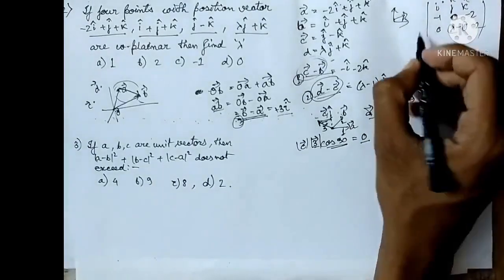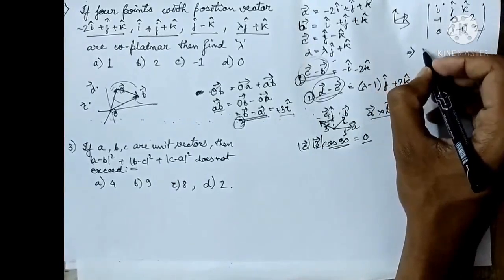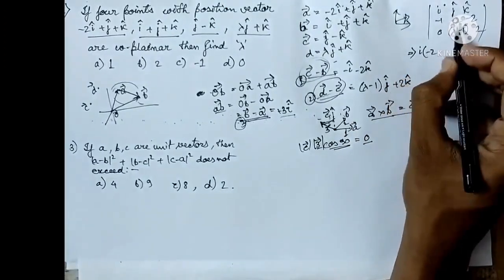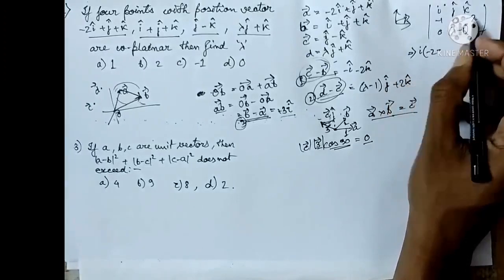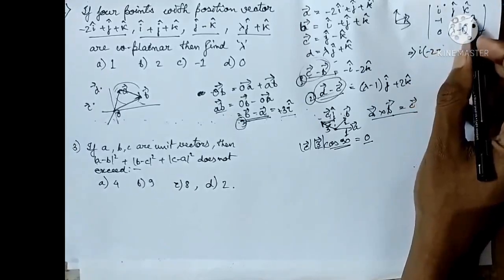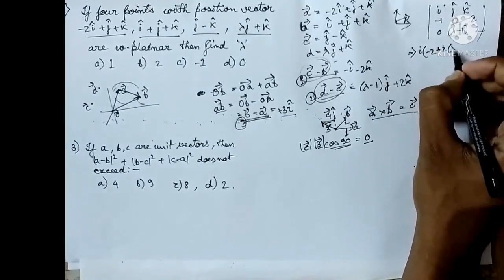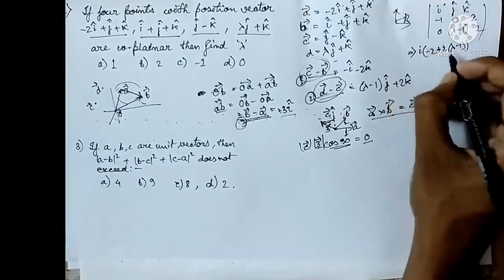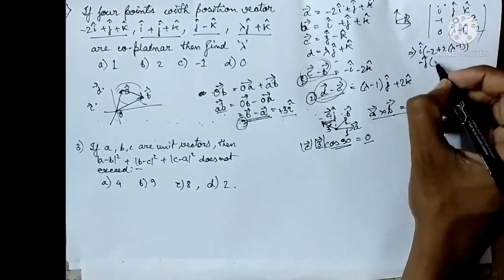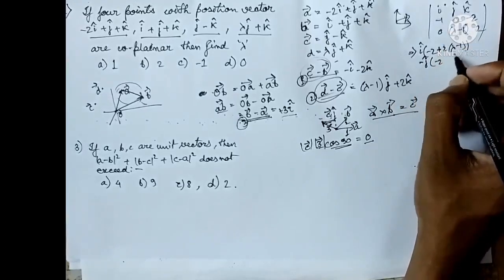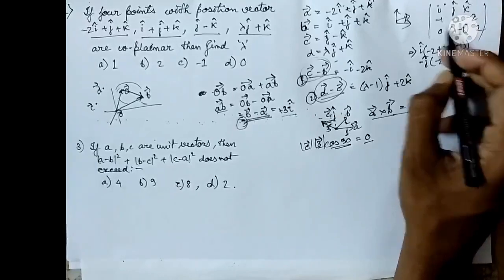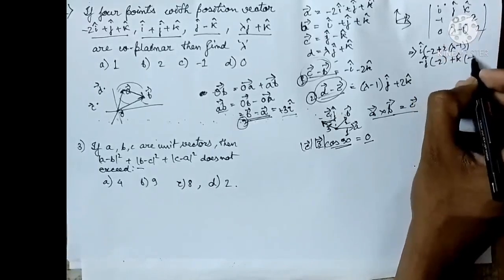We are doing the cross product, and by doing the cross product we are getting i cap, this 2 multiplied by minus 2, and then minus of minus 2, that is plus 2 into lambda minus 1, minus j cap, minus 2 and this is 0, plus k cap, that is minus lambda plus 1, and this is 0, minus lambda plus 1.